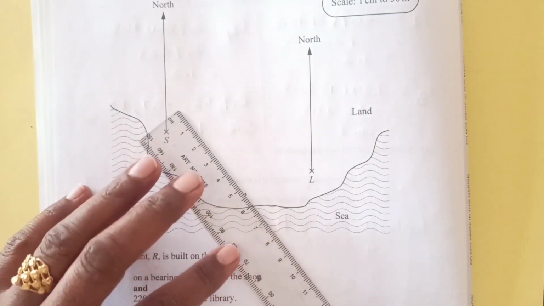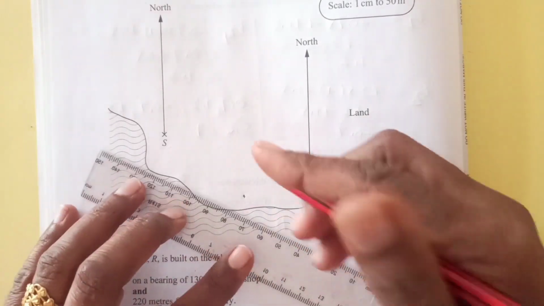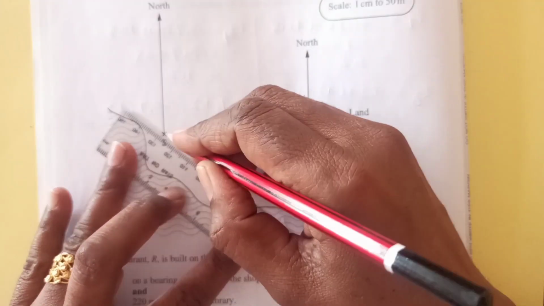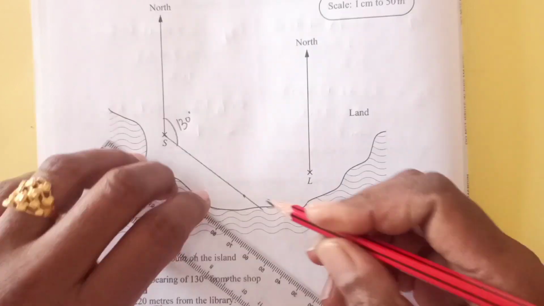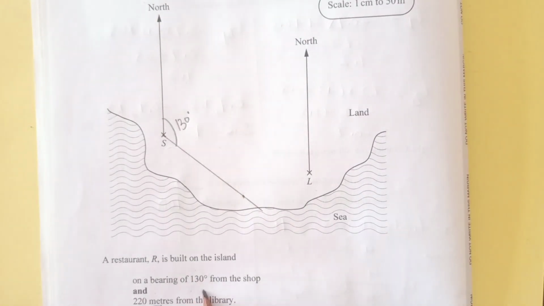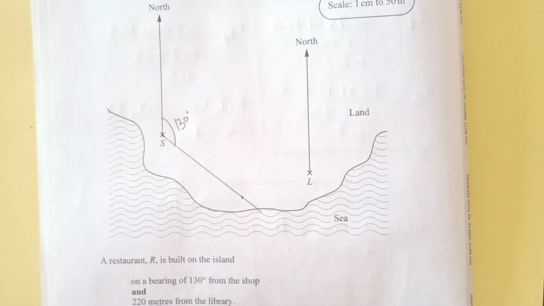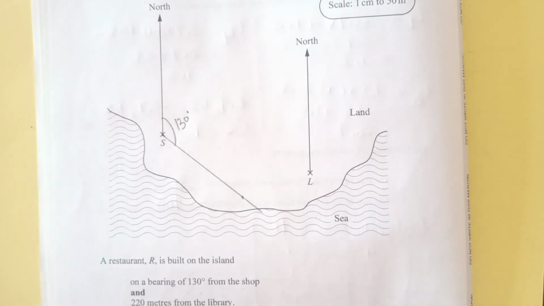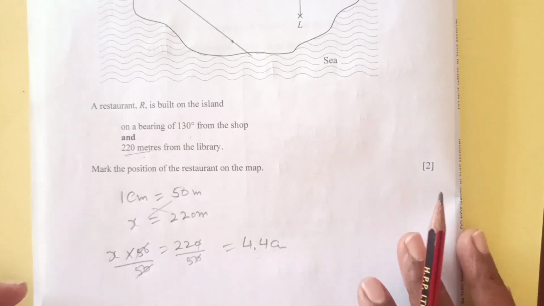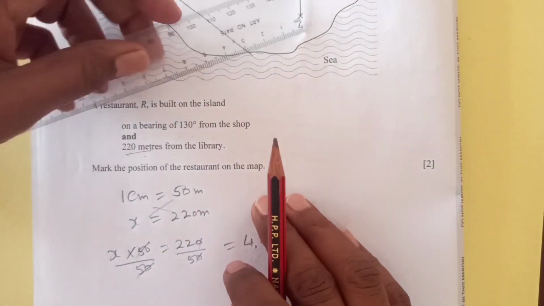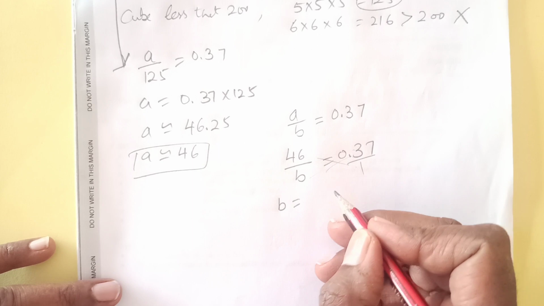This is going to be 130. So let me just draw a simple line first of all. This is 130 degrees, okay, from the shop, on a bearing of 130 from the shop, and 220 from the library. 220 is equivalent to 4.4, right?